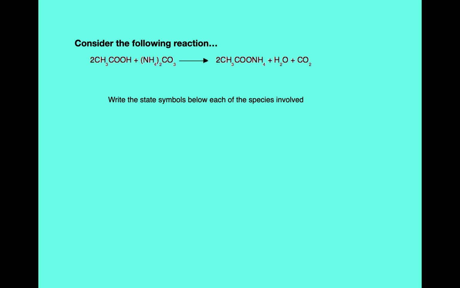Let's have a look at this equation. Now let's look at the state symbols, which is always going to be important when we're talking about the entropy change for the system. So we've got aqueous, solid, more aqueous, liquid, and a gas. So if we look at that system, it's clear that there is an increase in entropy of the system because we've got much more disorder on this side.